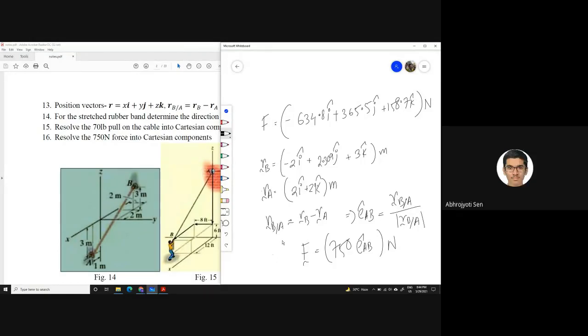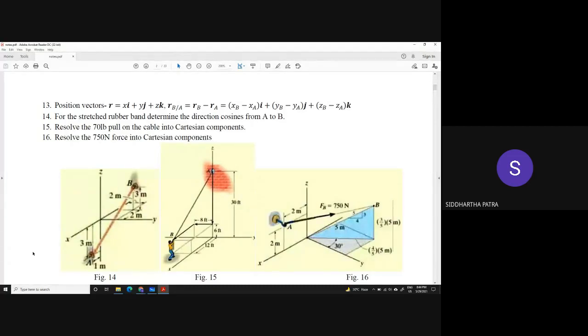Sir, can you once show the diagram? Sure. Sir, in the RB vector, the y component should be 3.46.